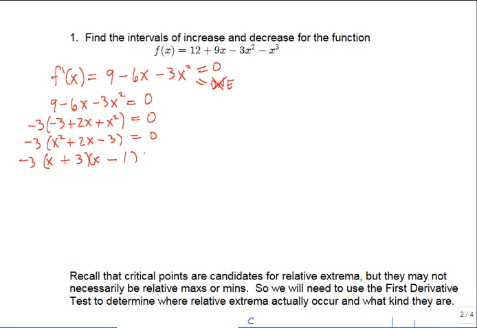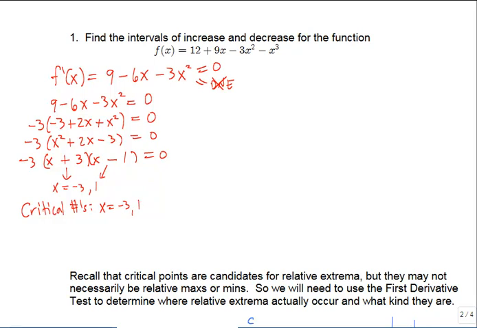So this does work. Now the negative 3 does not have an x, so it doesn't contribute any solutions. But this factor will give me negative 3, and this factor will give me positive 1. So my two critical numbers are going to be x equals negative 3 and positive 1.